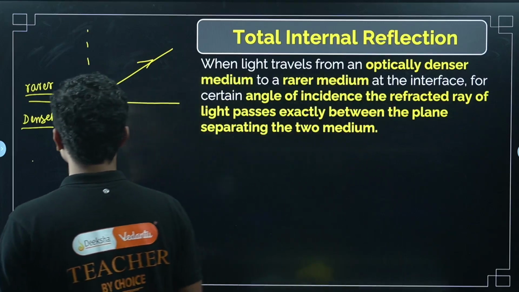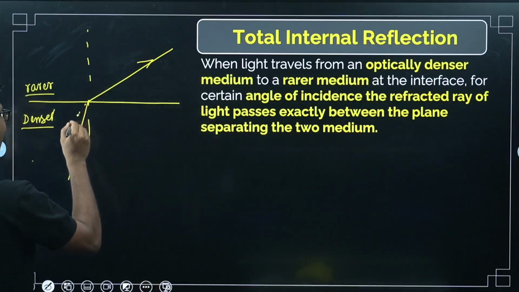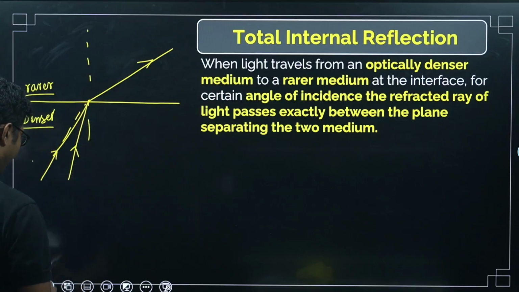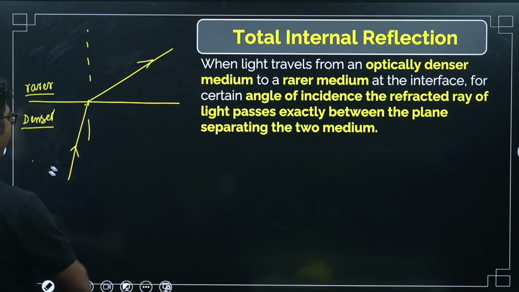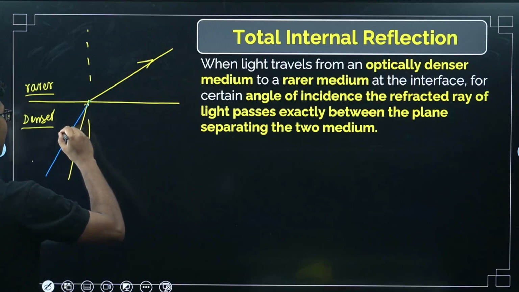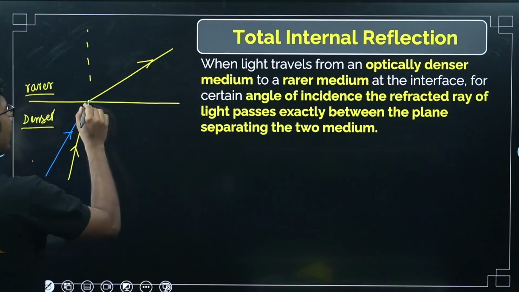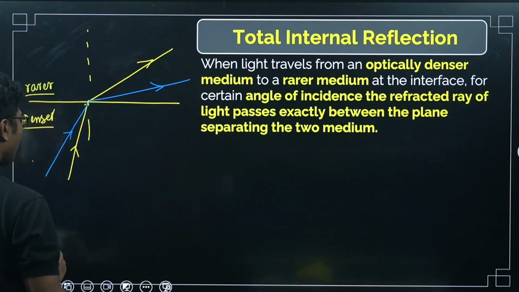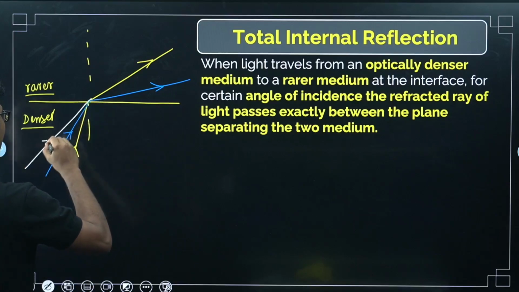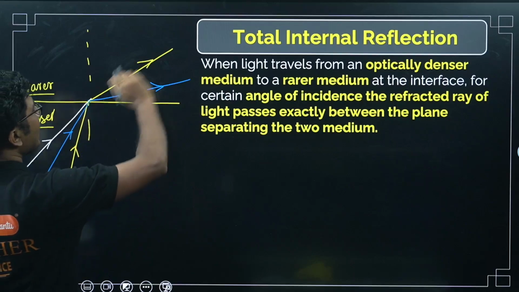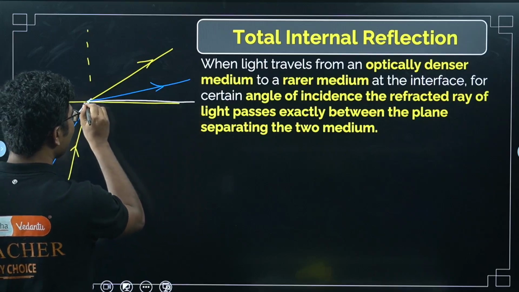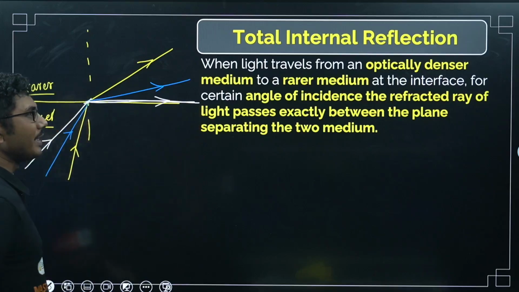Now what will happen if you increase the angle of incidence? If you increase the incident angle, it will move further away, okay. And if you further increase the angle, at a certain angle of incidence, instead of going to the first medium, it will pass exactly along the plane that separates the two media.